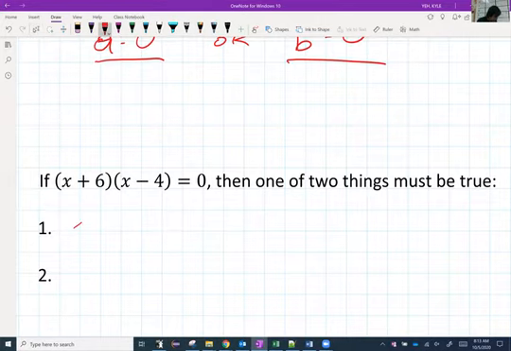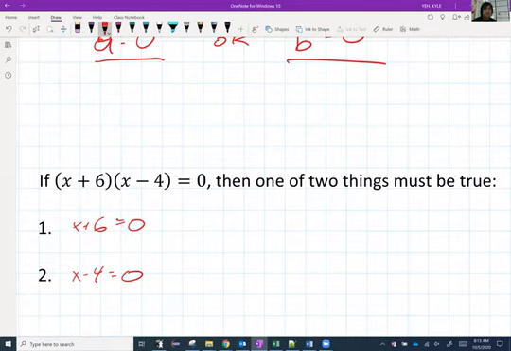Either x plus 6 has to equal 0, so that we would get 0 times the x minus 4, and that would give us 0, or x minus 4 equals 0. And again, conceptually, I want you to take a few seconds to think about this and really lock it in, because we've got two things multiplied to be 0. That means one of them or both of them have to equal 0.